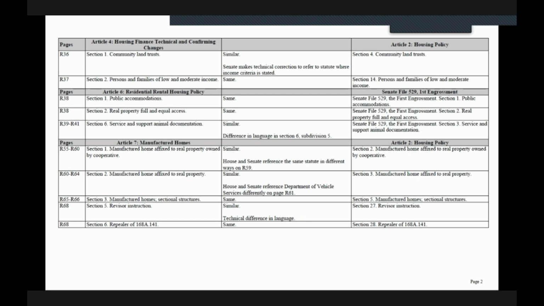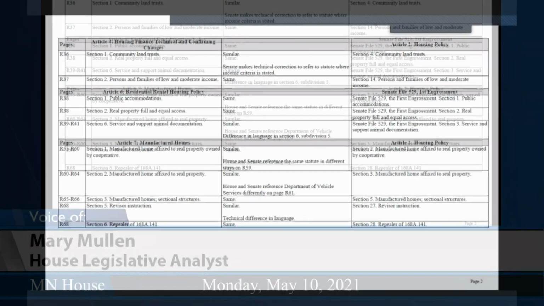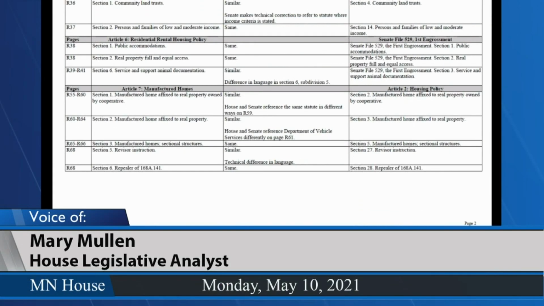Madam Chair, I'll be turning this over to Mary Mullen from House Research. Ms. Mullen, welcome. Hi, Chair and members, Mary Mullen from the House Research Department. On the side-by-side same and similar comparison, I'm on page R38, titled Article 6, Residential Rental Housing in the House language, and on the Senate language, it's actually Senate file 529, the first engrossment.